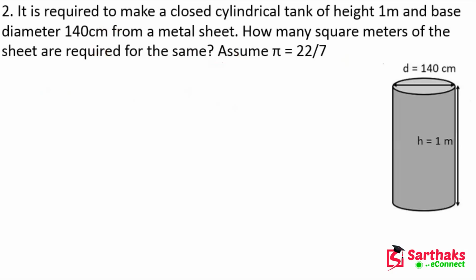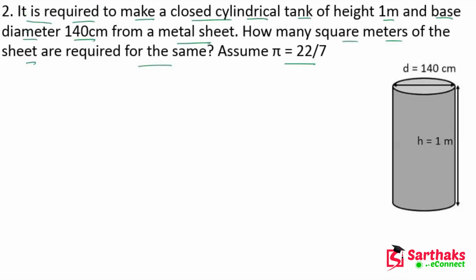Yes, so the next question here is, it is required to make a closed cylindrical tank of height 1 meter and base diameter 140 centimeter from a metal sheet. Now how many square meters of the sheet are required for the same? We have to assume that pi is equal to 22 upon 7.